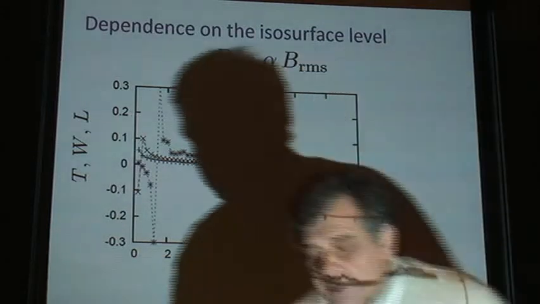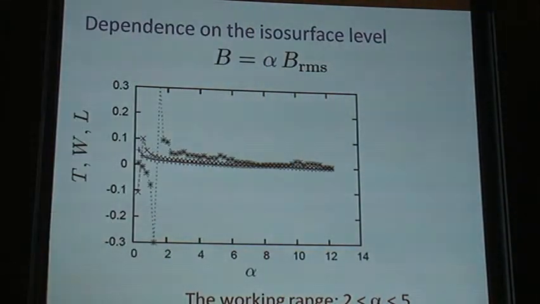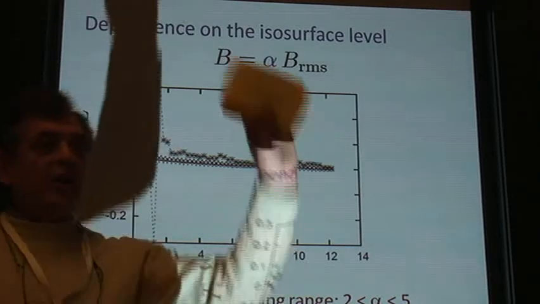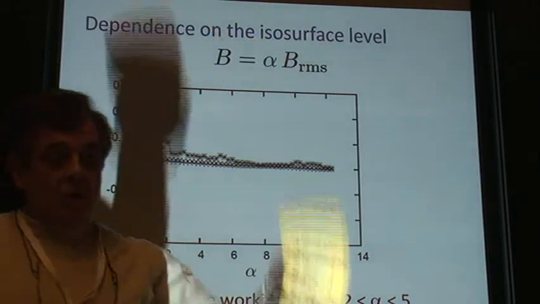And here, with this approach, you can answer this question quantitatively. Here we plotted the thickness, width, and length of our structures as a function of this alpha. At small alpha, of course, you have complete mass. This is exactly where your box looks roughly like this sponge.